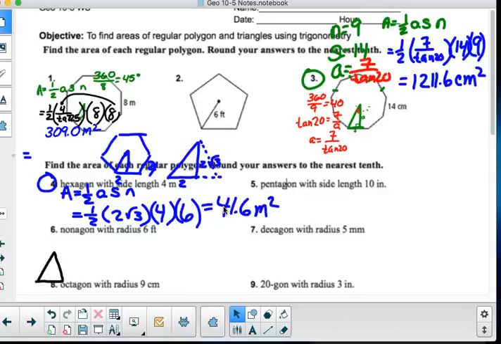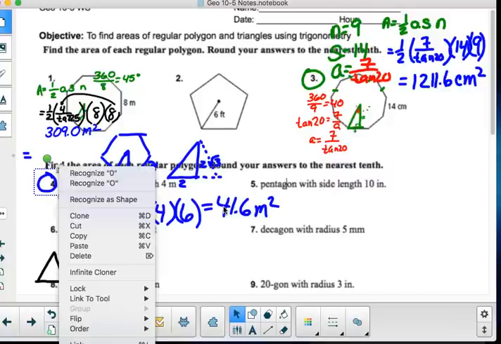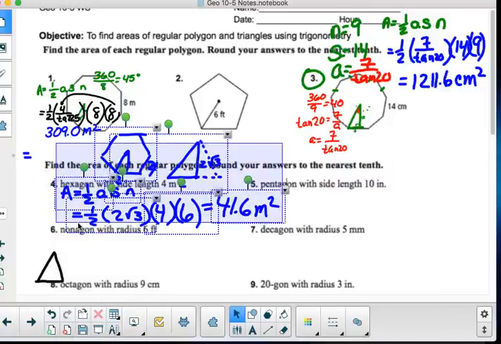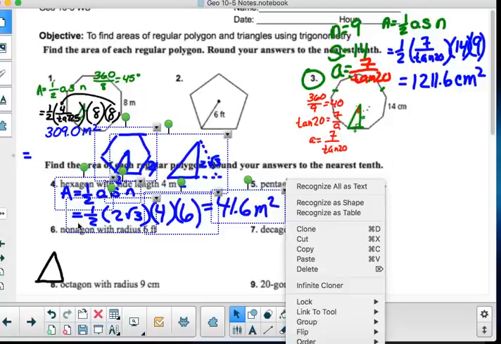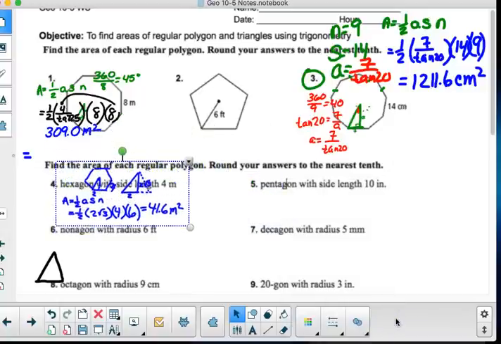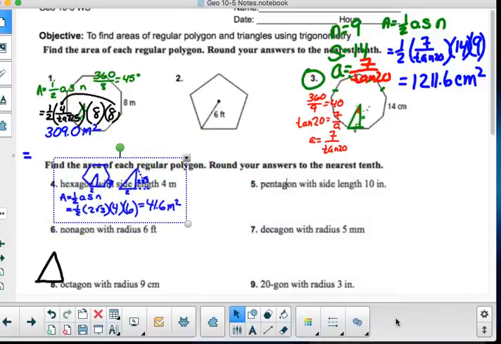Now again, this information that I just did, I'm going to group and shrink down. So I have this information, and we can bring it back up if we need to. But that's the information for that problem. I'm going to do exactly the same thing in 5. Now, in 5, I have a pentagon with side length 10.